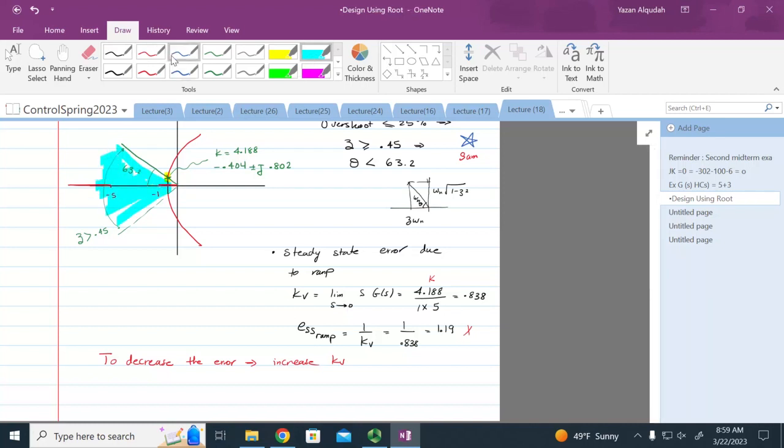So this is my allowed region to meet the overshoot requirement. If I want to meet the overshoot requirement, I have to be operating within this range. If I'm operating at the edge here, and the steady state error is 1.19, if I were to increase the K, it's going to cause me to operate somewhere here.